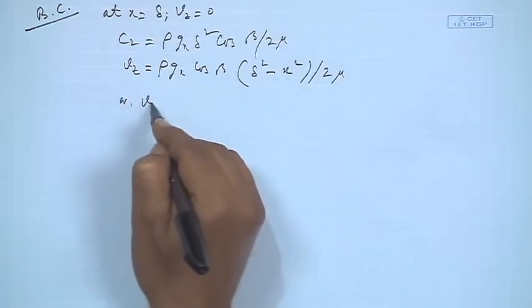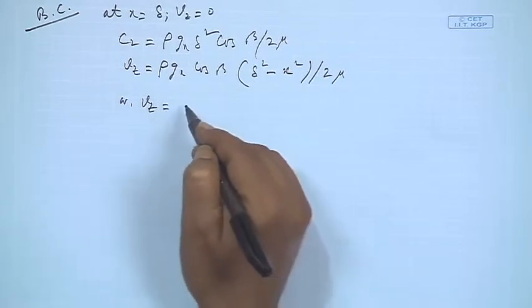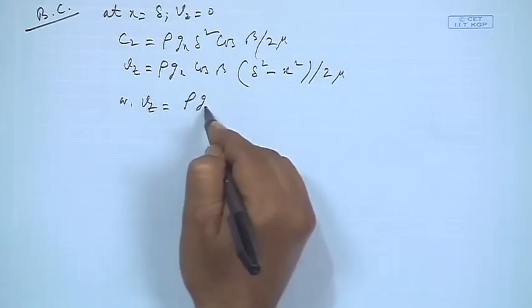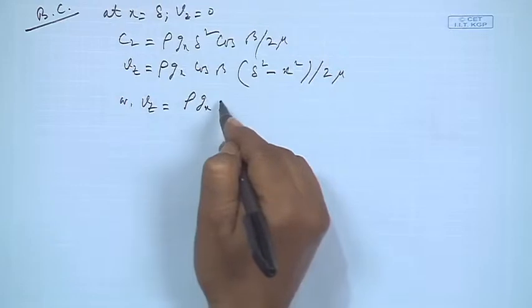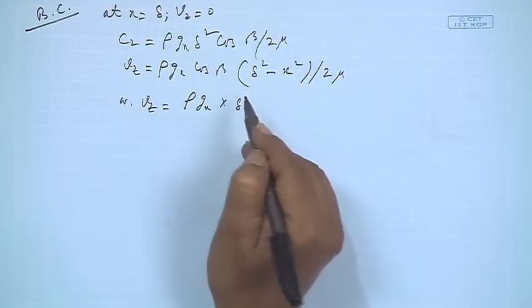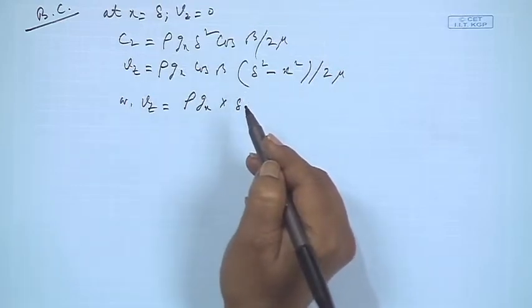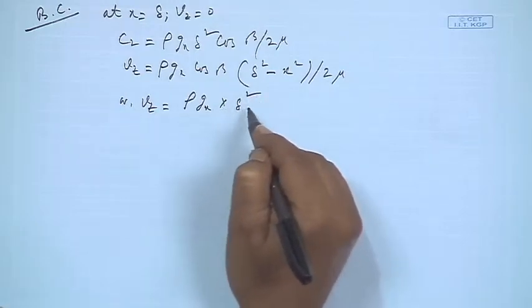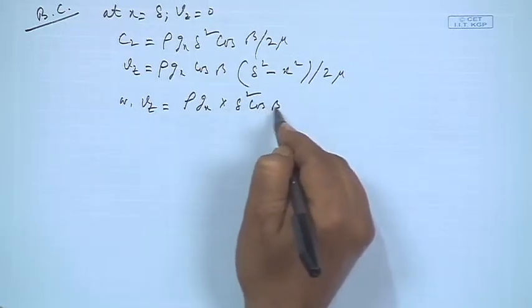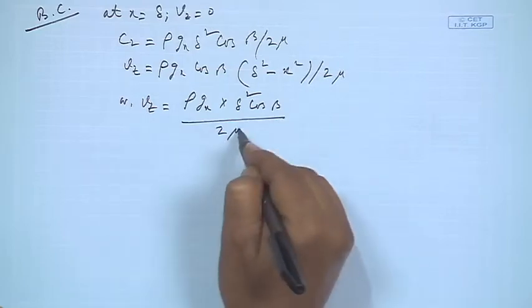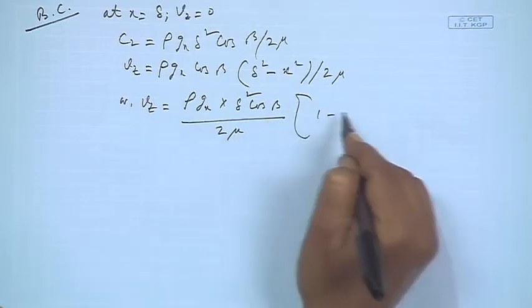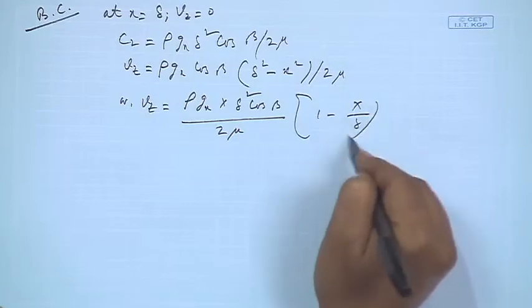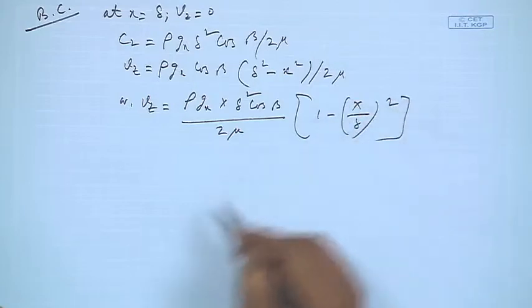Or Vz we can write as rho gx del square cos beta by 2 mu into 1 minus x by del, whole square, right?